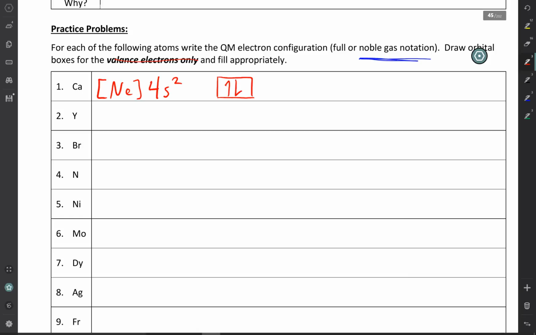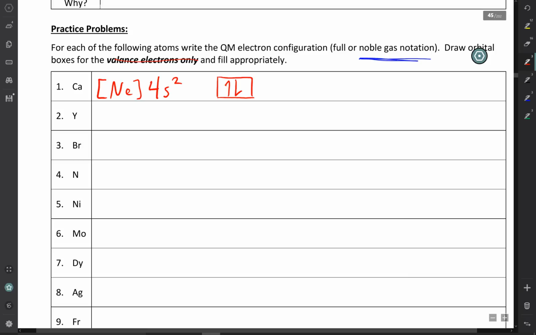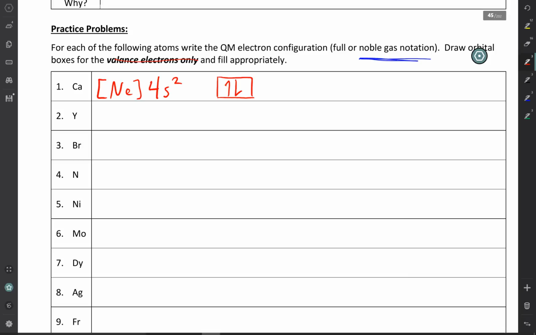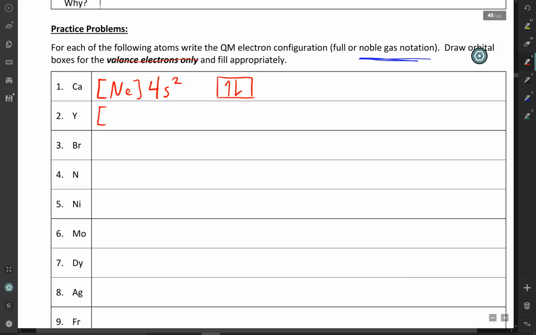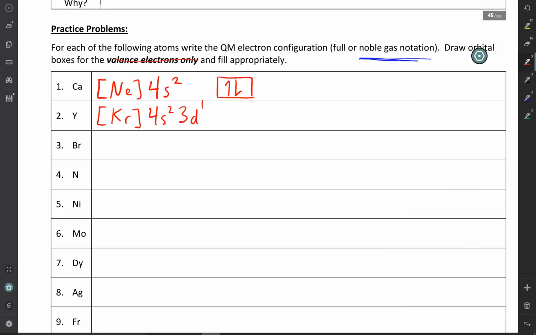Let's do yttrium together as well, element Y. I'm going to use noble gas configuration again. If I find yttrium and backtrack to the nearest noble gas, I get krypton, and I see 4s2, 3d1. So we're doing it for the last electrons you wrote, not the valence electrons.